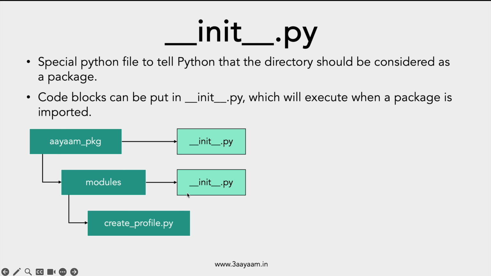Of course, along with the init file, we have the create_profile.py file also, and they can reside in the same directory. Using this, we're telling Python to consider them as packages, and we'll be distributing them in production. You can write some code in the init file also. Whenever you import this particular package, those instructions would be executed automatically.